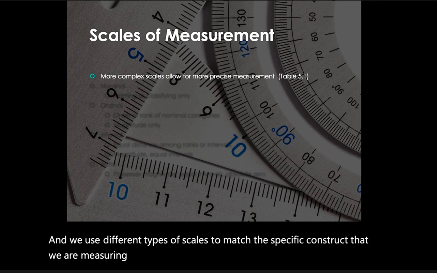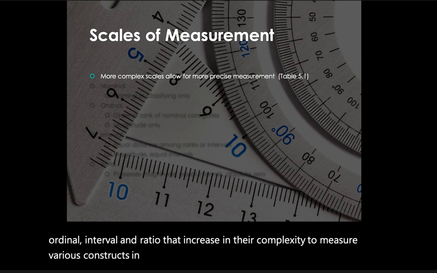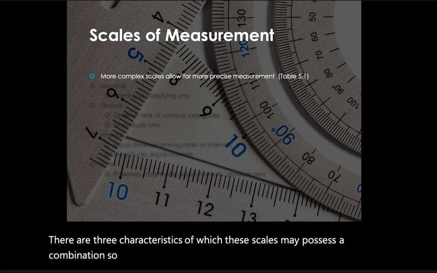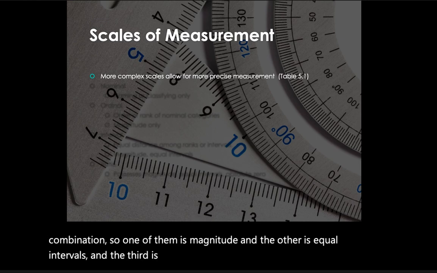Typically, there are four scaling methods: nominal, ordinal, interval, and ratio that increase in their complexity to measure various constructs in counseling. There are three characteristics of which these scales may possess a combination. One of them is magnitude, the other is equal intervals, and the third is absolute zero.